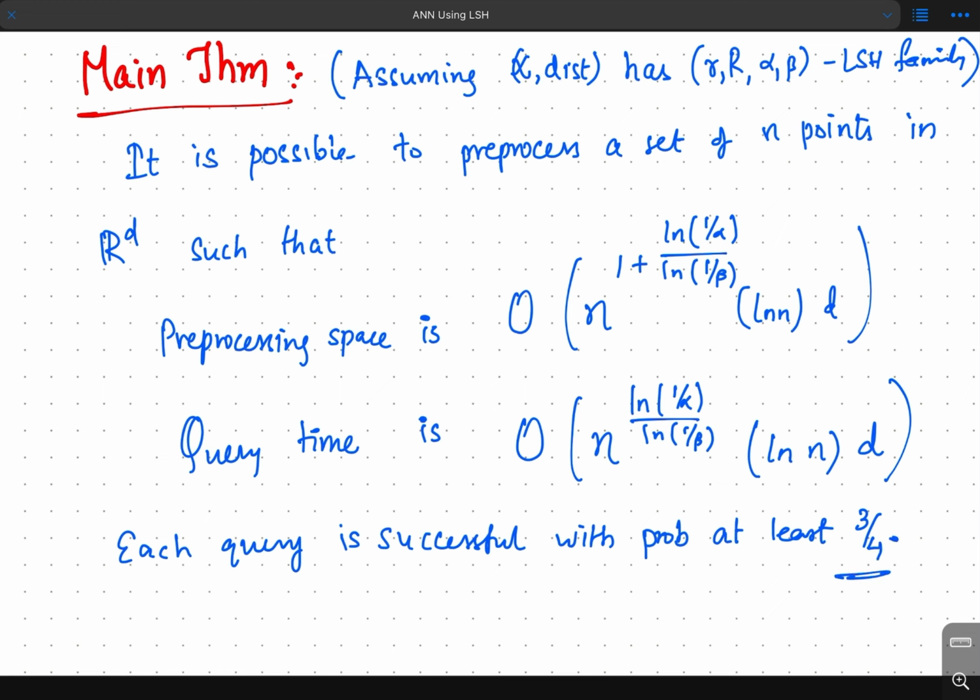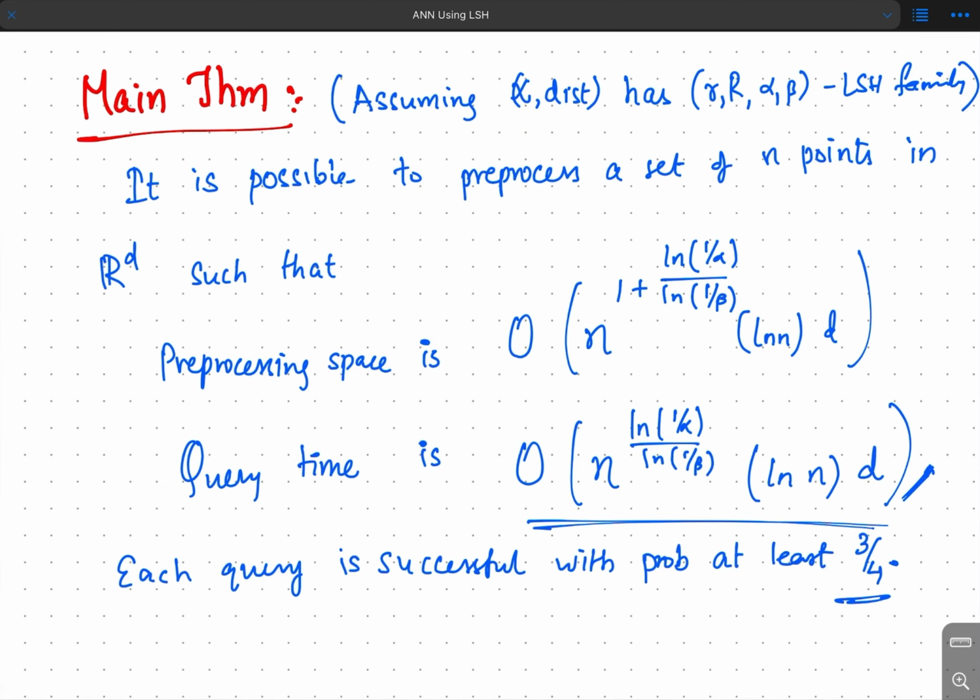And again, we can boost this probability by having multiple data structures. One question is whether that will increase this query time. Yeah, that will increase, but using appropriate parameters, we can ensure that this query time still remains sublinear. Sorry, one small correction.